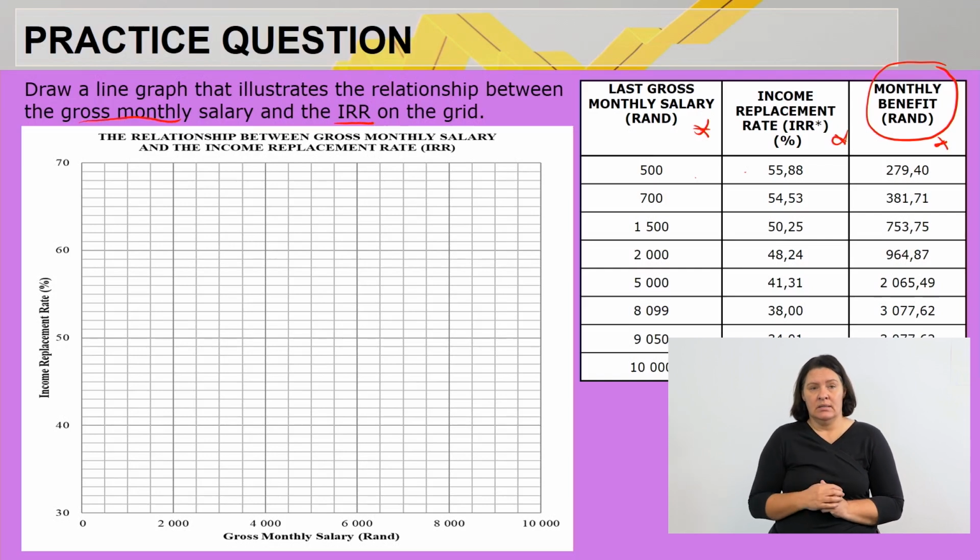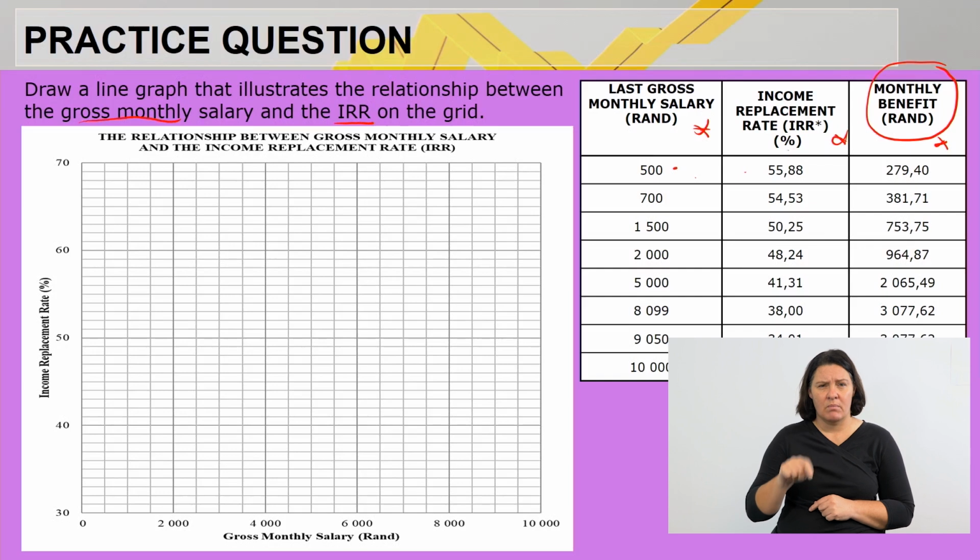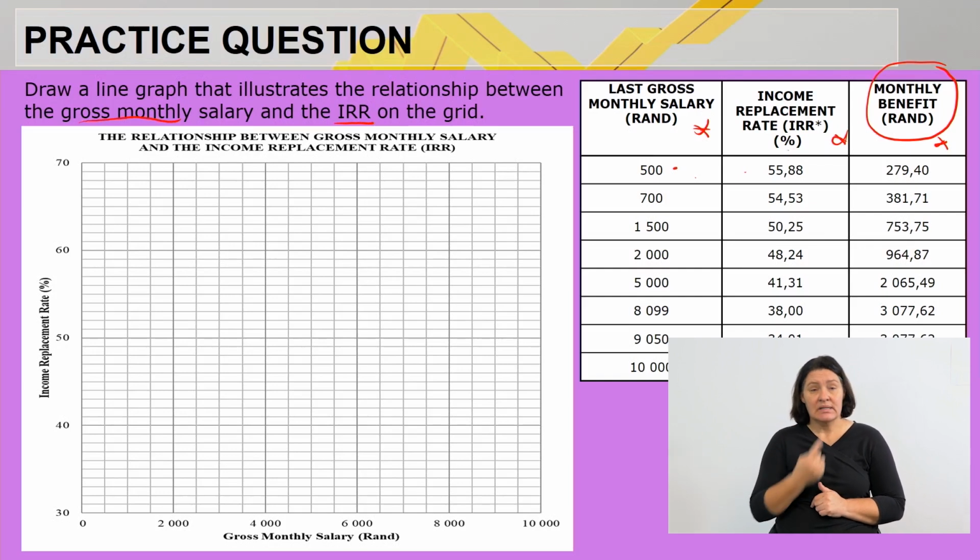Let's quickly get straight with this. If your last gross monthly salary was 500 rand, the income replacement rate will be 55.88%. Now, look at what is happening on the graph itself. Here's my heading, already done for you, indicating the relationship between gross monthly salary and the income replacement rate.